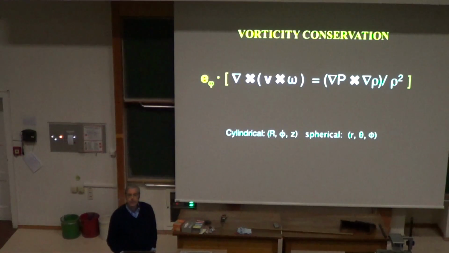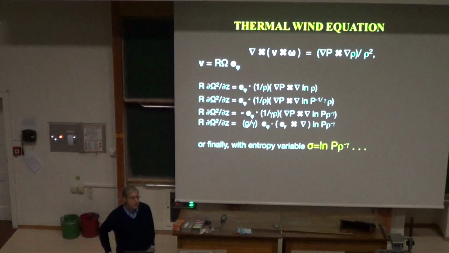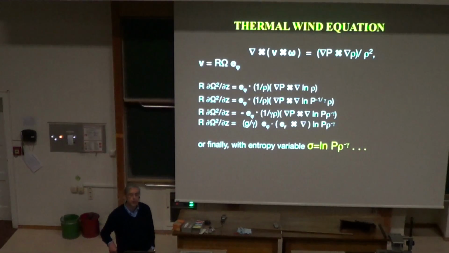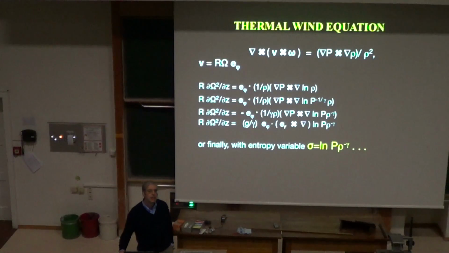Now, what people like to do in the study of the sun, and actually more generally, people do this in geophysical applications as well, is to derive something called the thermal wind equation, which is particularly useful when you have rotation in a very nearly adiabatic background.